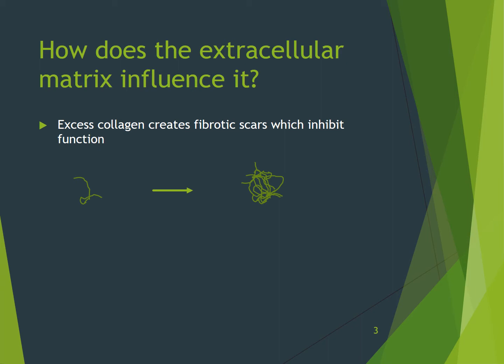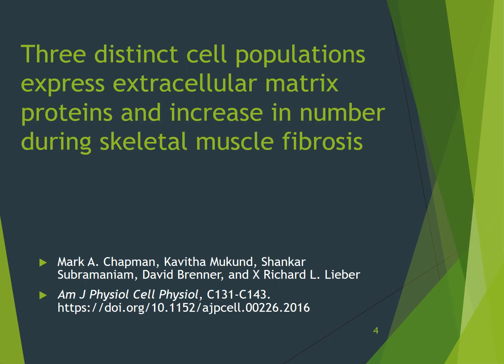It's also been seen that the presence of collagen creates the presence of more collagen in the extracellular matrix. So that leads to the research of my paper, which is looking at what cells produce the collagen and if it's being produced into the extracellular matrix or otherwise, and how it's being produced by the cells, particularly in skeletal muscle fibrosis.